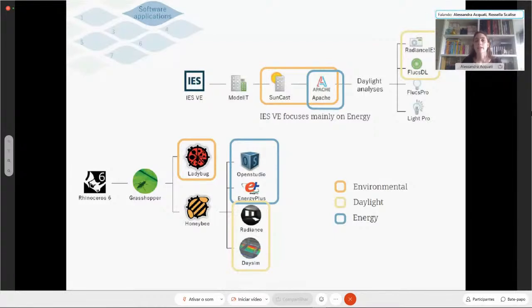Focusing on daylight, ISV uses FluxDL and Radiance IS, while Rhinoceros 6 can exploit DaySim and Radiance. It must be added that ISV is a software that focuses mainly on the energetic field, while Rhinoceros, thanks to the use of the plugins, can cover a wider range of analysis.